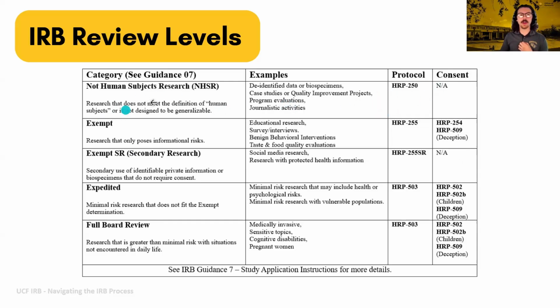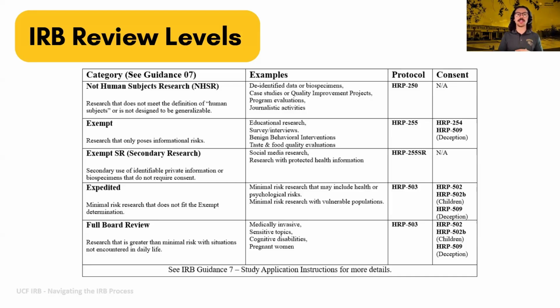Now, we also have things that are not designed to be generalizable. These are things like case studies, quality improvement projects, program evaluations, journalistic activities. When it comes to IRB review, a lot of this is regulated by the federal government. So when we look at applications, we look at the intent of the researcher.